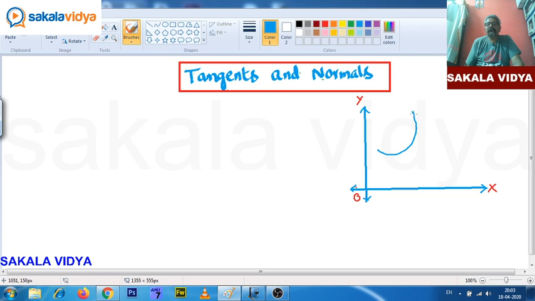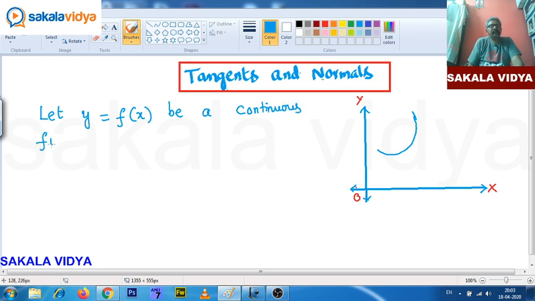Let us say y is equal to f of x be a continuous function over an interval.